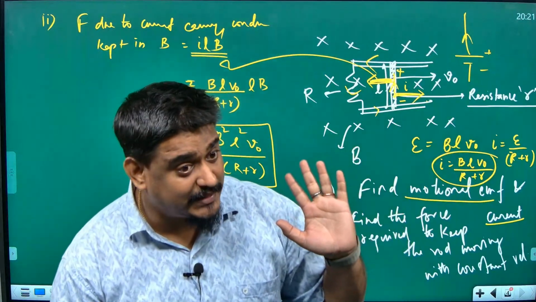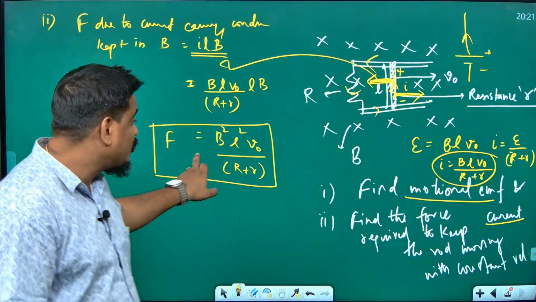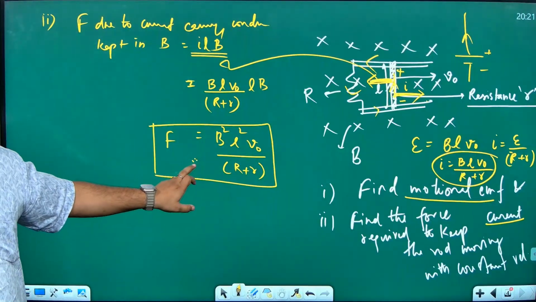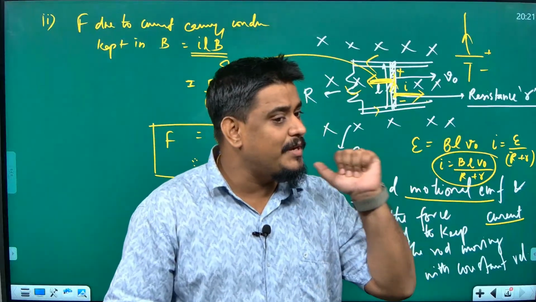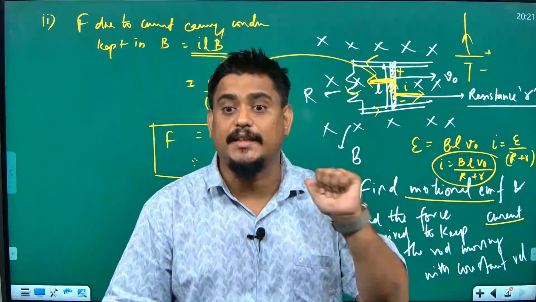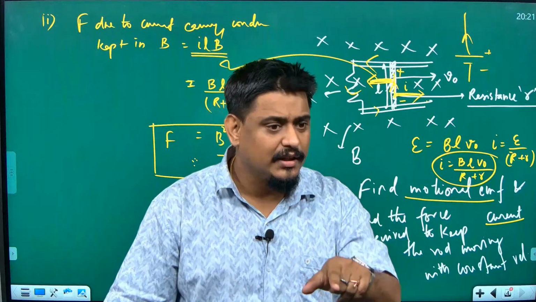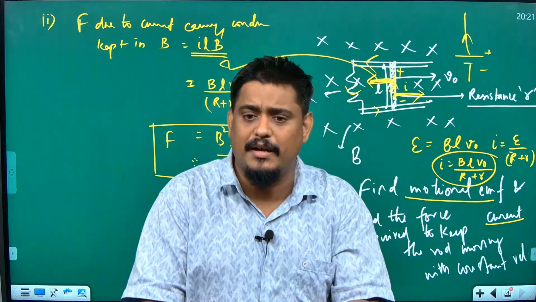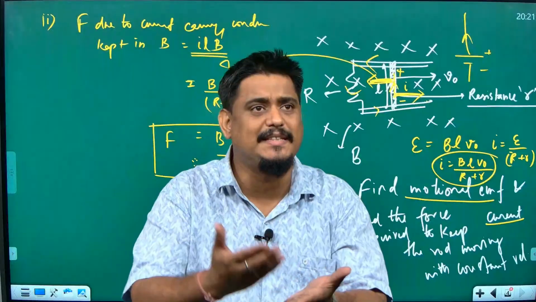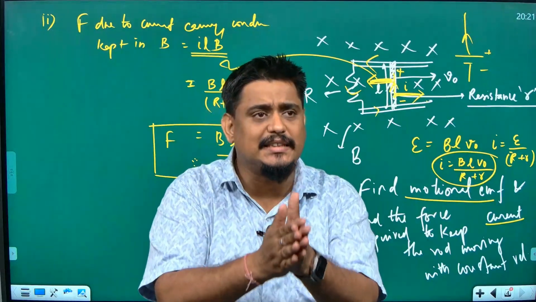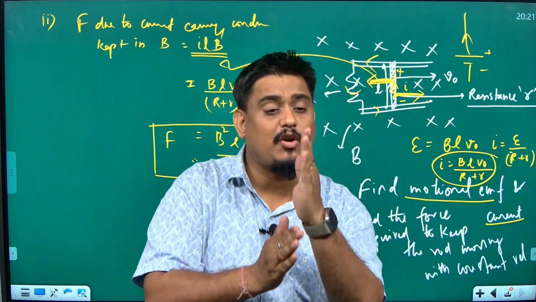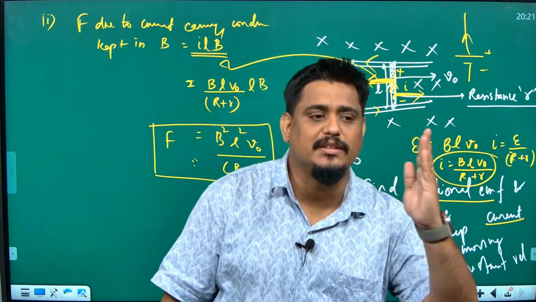But the concept says the force you have found is not the force you are going to apply. This is the force coming on the current carrying conductor kept in the magnetic field. Any current carrying conductor kept in a magnetic field will experience a force of ILB sin theta, and that force acts in such a way that the rod's velocity is reducing.